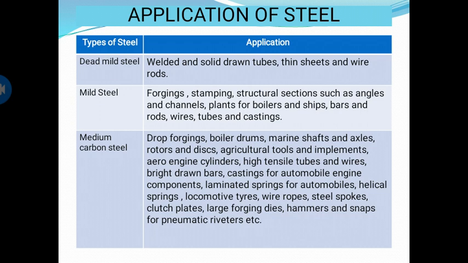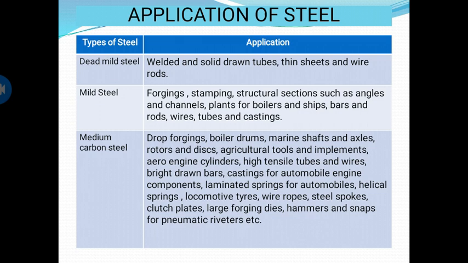So what are the different applications of steel? The first one is dead mild steel, where the percentage of carbon is less than 0.15%. This is used for welded and solid drawn tubes, thin sheets and wire rods.